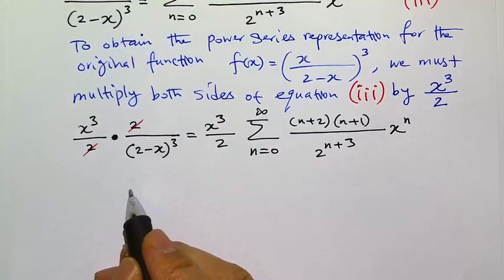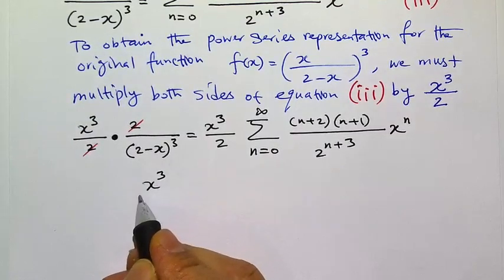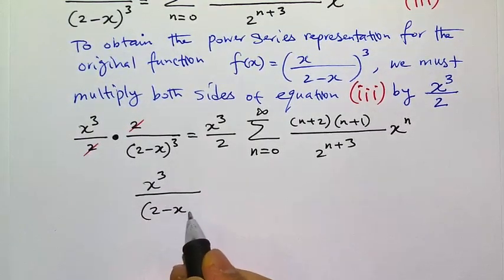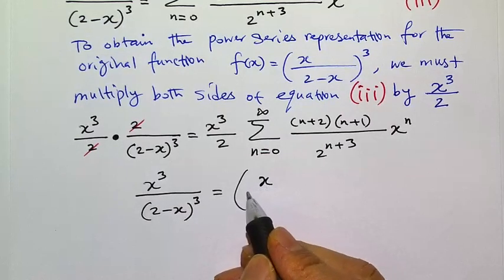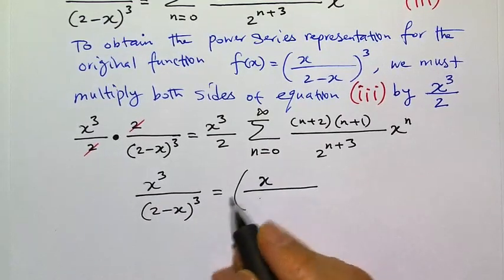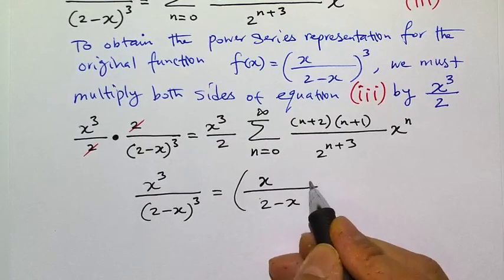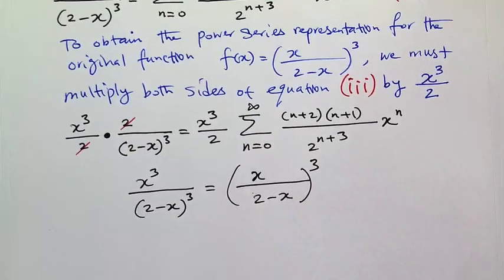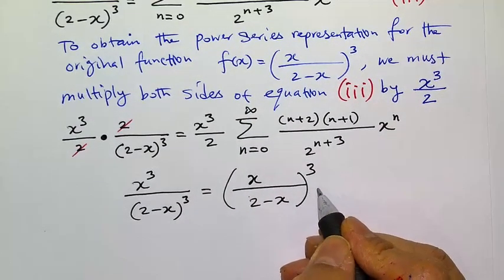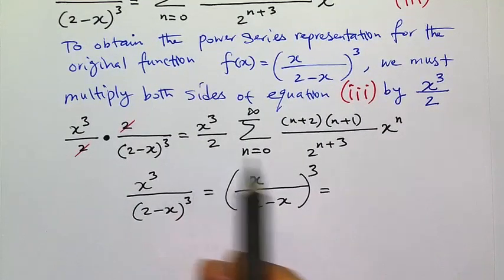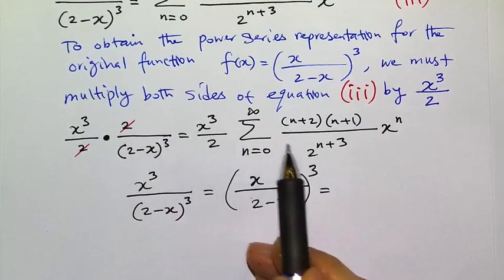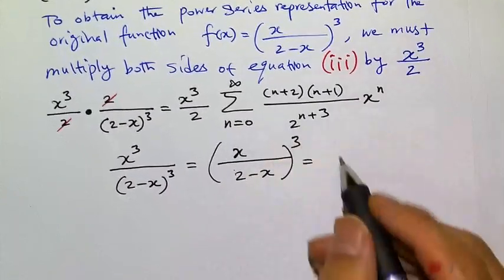So on the left, we have x cubed divided by 2 minus x cubed, which is equal to, I still like to rewrite it just like what we had at the beginning, 2 minus x cubed. So we have an x cubed here and a 2 here, so we can distribute all of this into this and change this power series accordingly.